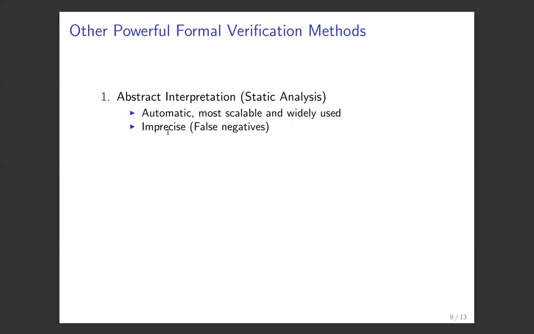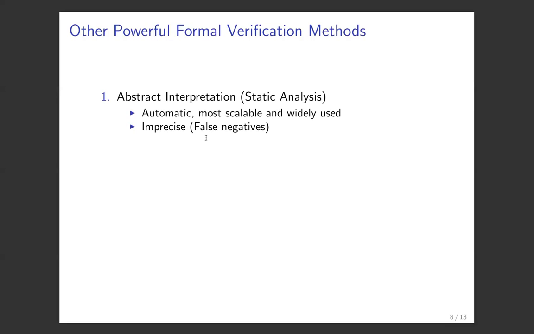It can say that the system doesn't satisfy a property when actually the system may not be violating it, in the sense that the result it produces could be spurious. So these abstract interpretation techniques are sound, but they can give you false negatives.